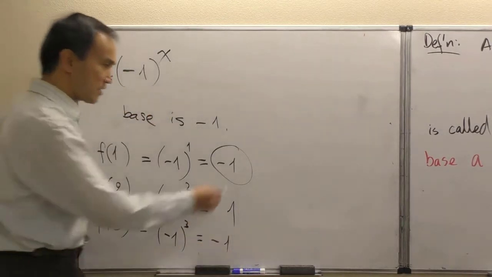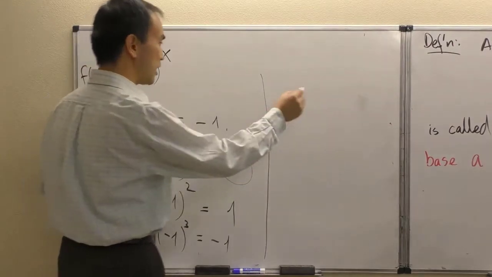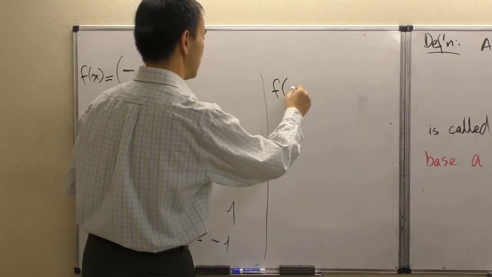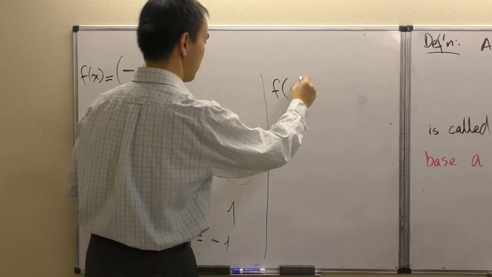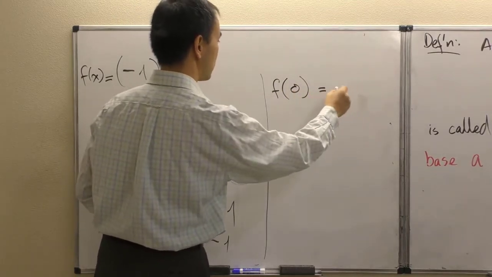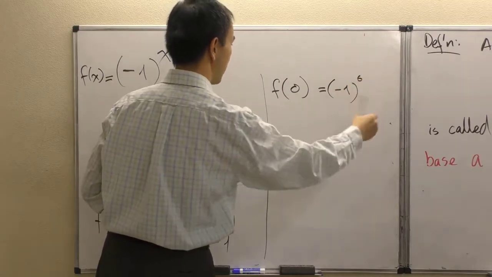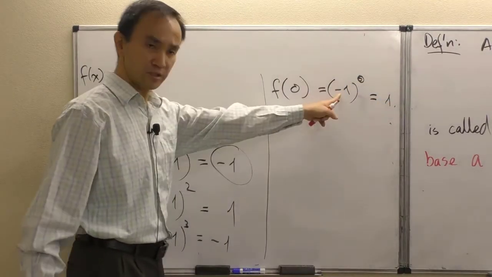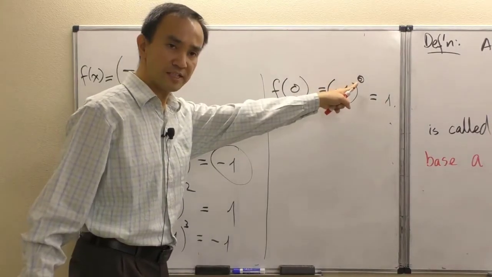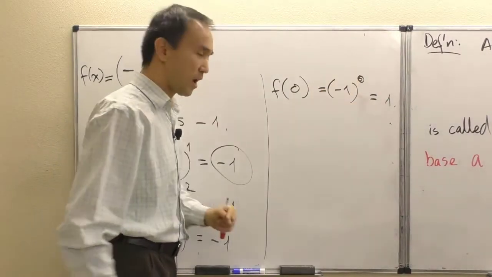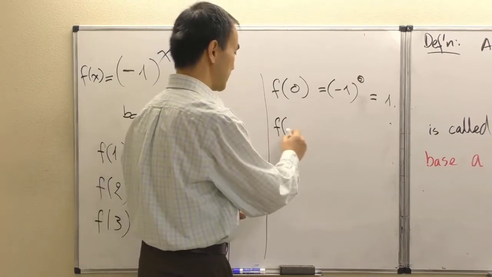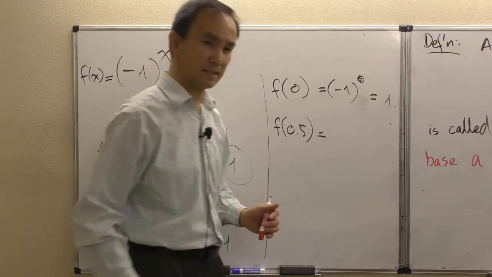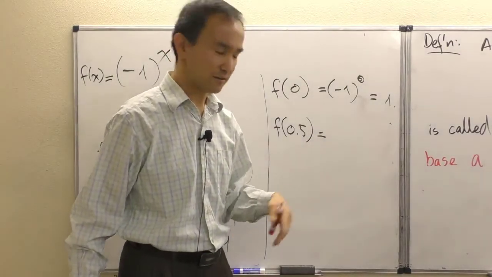And then with 0 first, when we go with the 0 power, we're looking at (-1) to the 0 power, which is 1. The base is a non-zero value, so raising that to power 0, we end up with 1. But now when the input is 0.5, things start getting complicated.